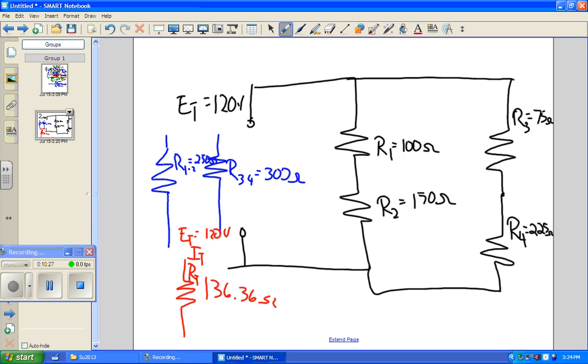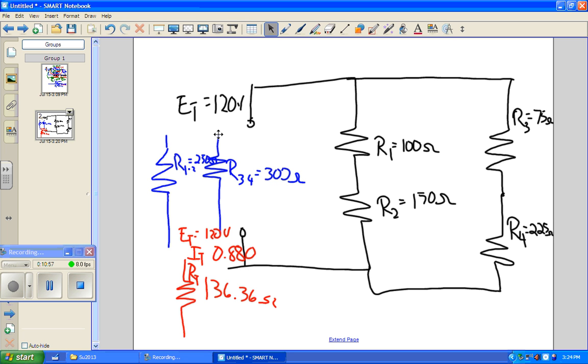Put in 120 divided by second function answer, and you get your answer much quicker. And it is what? 0.88. We're going to add one more zero just to remind us that in proper engineering notation, that would be 880 milliamps.